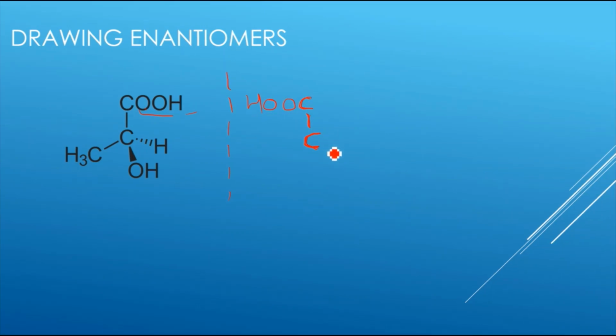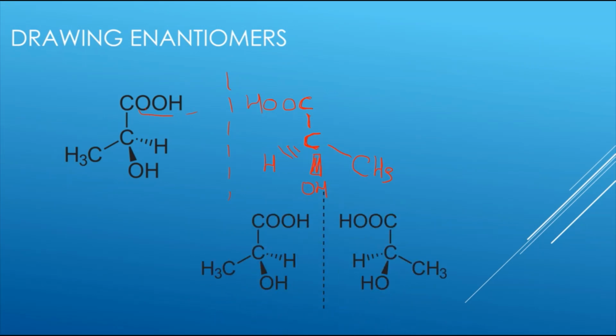Next I can draw the hydrogen, towards this side, so I will have my hydrogen there, and then my oxygen there, and then I can finish off by drawing the CH3. So this would be my mirror image, and these would be my two enantiomers.